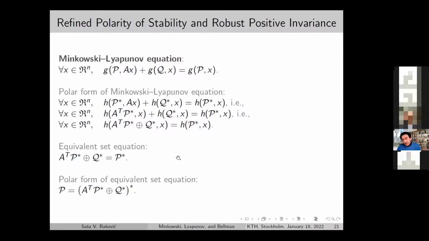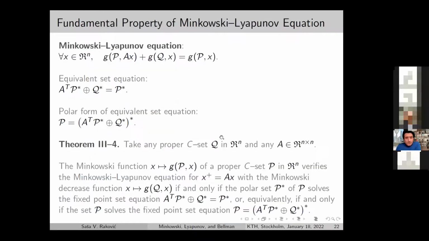And of course, you can take a polar on this side. So now we can restate the previous results, not in terms of inequality, but in terms of the equality or equation. And the restatements follow. So the Minkowski-Lyapunov equation, its equivalent set equation, the fixed point set equation in set P star, and the polar form of this equation.